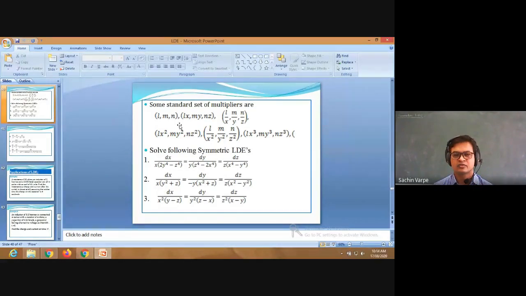So now in the 2019 pattern, the solution of symmetric LDEs is very, very important. Let us take the first one: dx upon x into 2y raised to 4 minus z raised to 4 equal to dy upon y into z raised to 4 minus 2x raised to 4 equal to dz upon z into x raised to 4 minus y raised to 4.